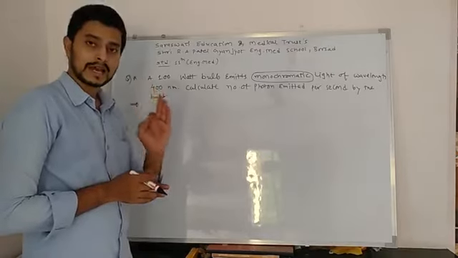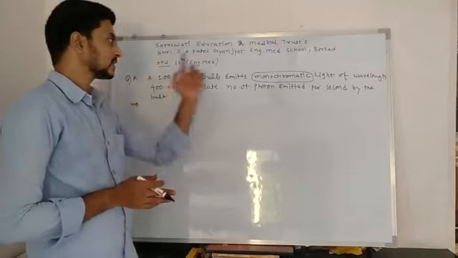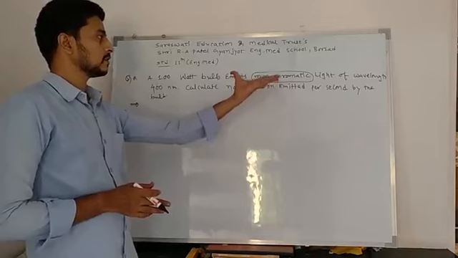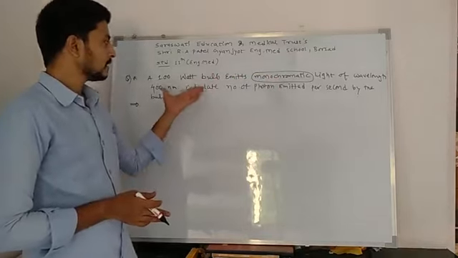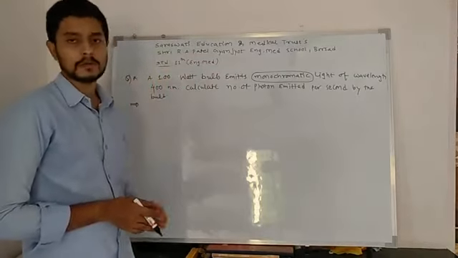Monochromatic means a light which possesses only one type of coloration. It is called a monochromatic light. So here the radiation in terms of wavelength is given, 400 nanometer, and the demanded question is to calculate the number of photons emitted per second by the bulb.